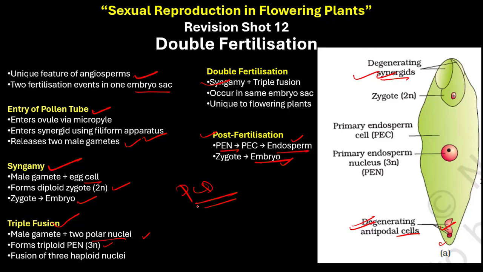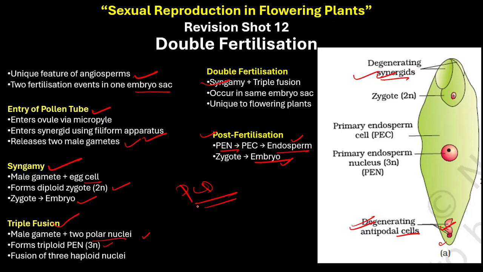Then how does this start? What tells these antipodals and synergids that they have to degenerate? There are signals which are responsible for degeneration. For example, fertilization triggers the signals: the entry of the pollen tube into the synergid, the release of the male gametes, then syngamy and triple fusion.